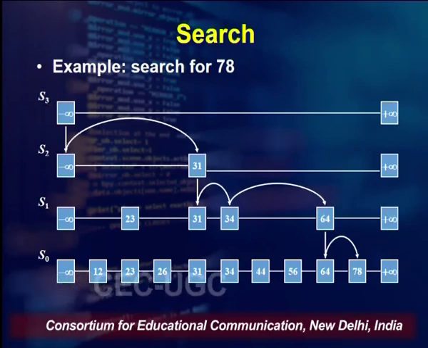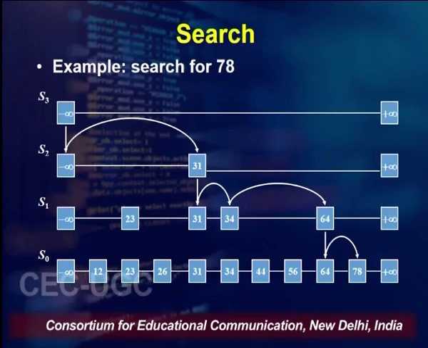For example, we need to search for 78. First we compare it with minus infinity. Our key is greater than minus infinity.